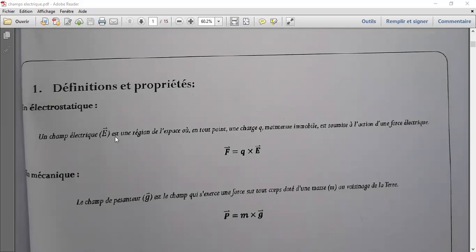Here we're going to calculate the champ electric in which this one charged particle is put.